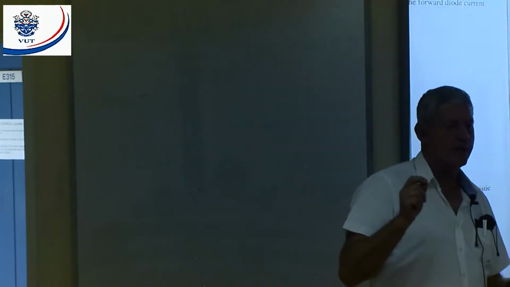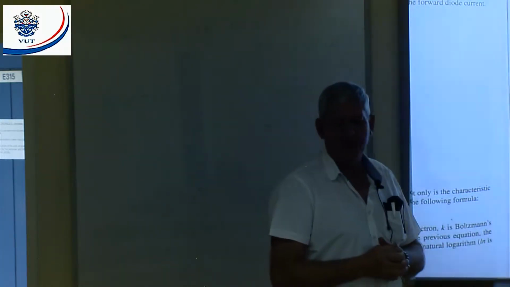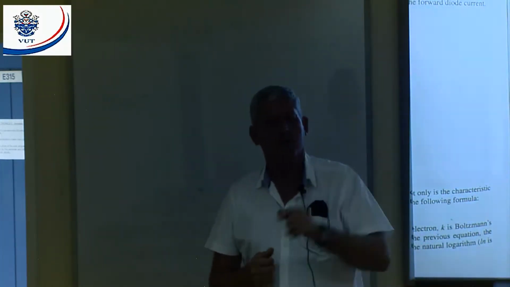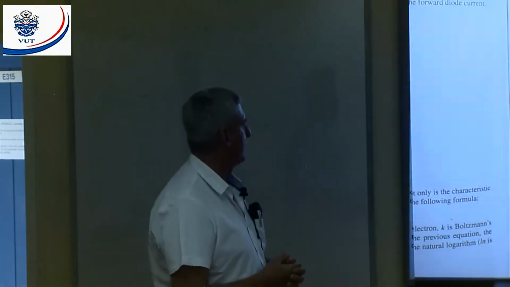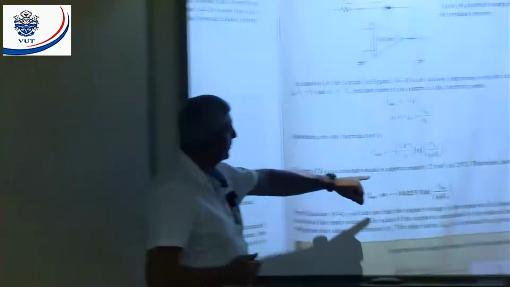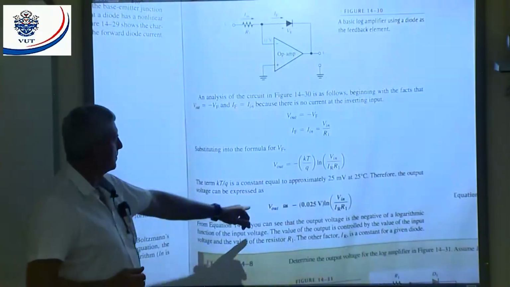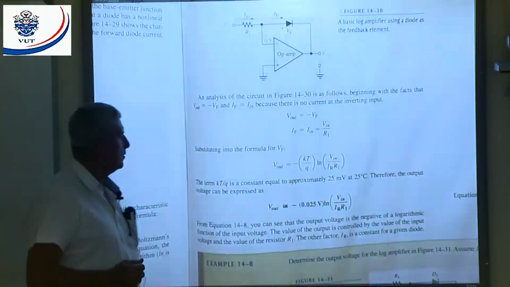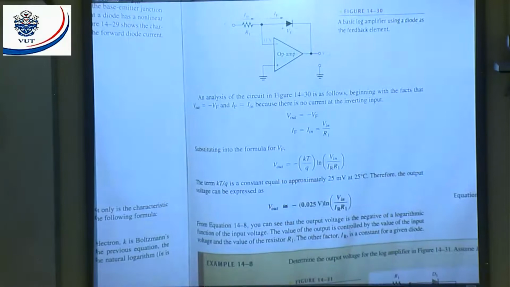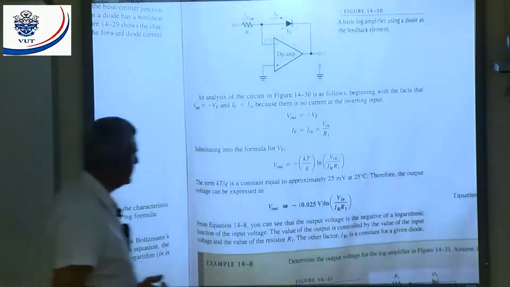RE accent was also equal to 25 millivolts divided by IE, because we also got a PN junction there. That is exactly the same, 25 millivolts. Then I can say VR is approximately equal to minus 0,025, that's 25 millivolts, ln of Vin divided by IR times R1, all right. That is for the output of that circuit.